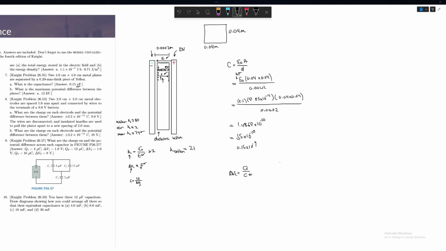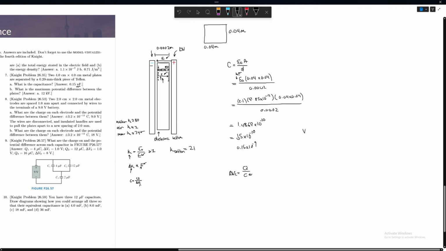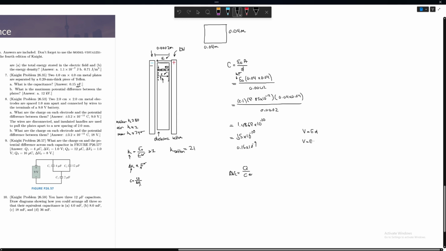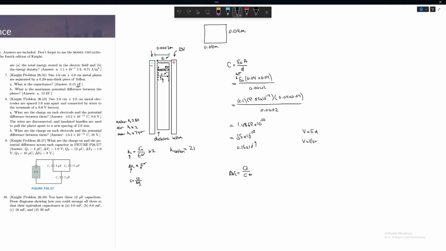The one I want is V equals E times D, from the capacitor section of the formula sheet, the potential inside a capacitor. In the formula sheet it's V equals E S, where S is the separation between the plates and E is the electric field inside, which gives you the voltage.